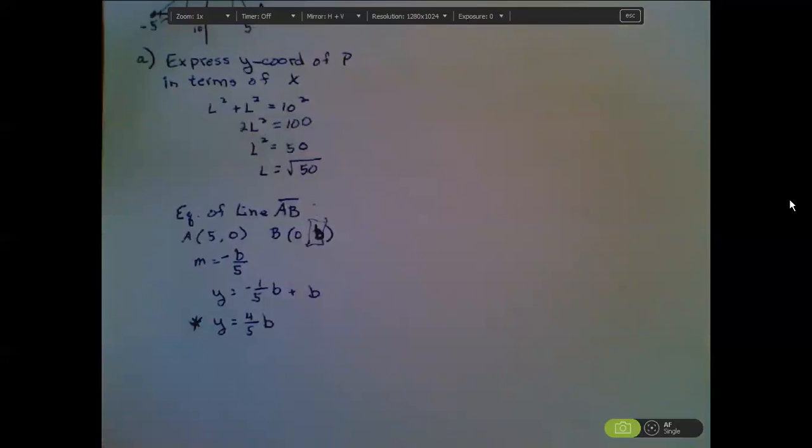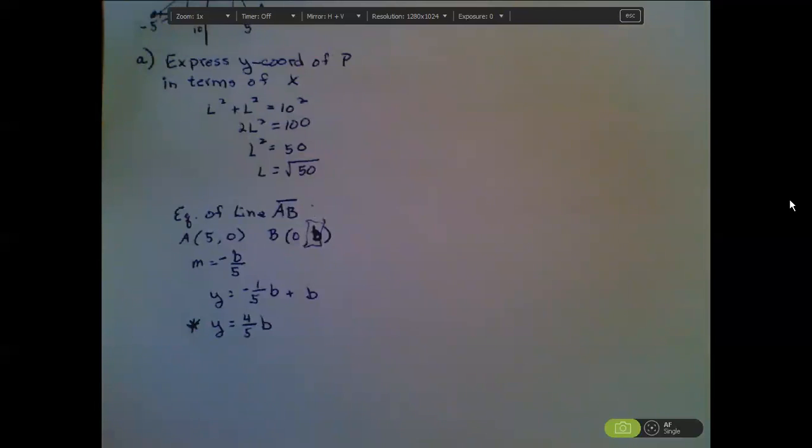I used the equation of the line, similar to what we got right here, except that I got that the y-coordinate of the rectangle was 5 minus x, because x goes out part way of the line.